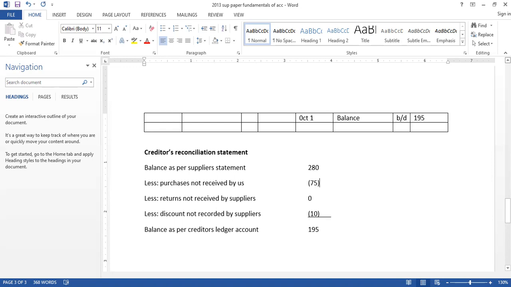That's a dishonored check. While an unpresented check, these are checks given to creditors, checks given to suppliers but not yet presented to the bank.